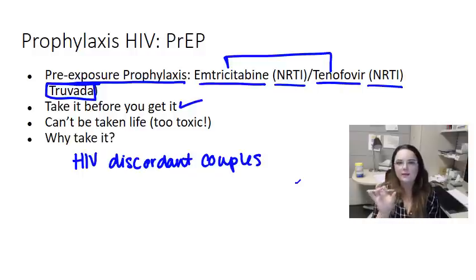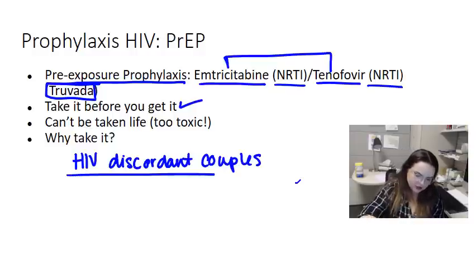In that case, if they're on effective antiretroviral therapy, their viral load is going to be very low to almost undetectable. And the patient who does not have HIV will be on PrEP so that if there is any breakthrough spike of the viral load in the HIV positive patient, the patient who is negative will not contract it.